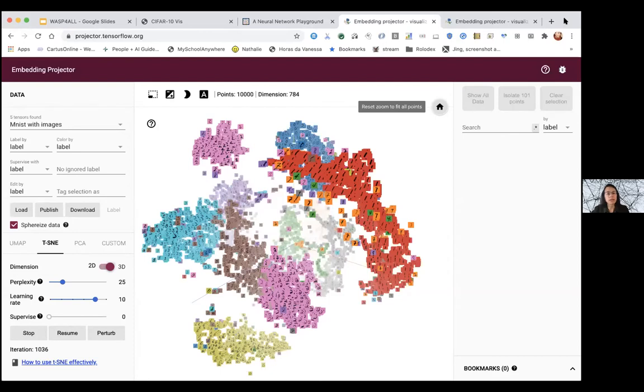So this is the embedding projector. And what I'm showing you here is yet another hello world example of a data set in the machine learning world. And this is called MNIST. And all it is, it's a data set of handwritten digits, 0 to 9, okay?